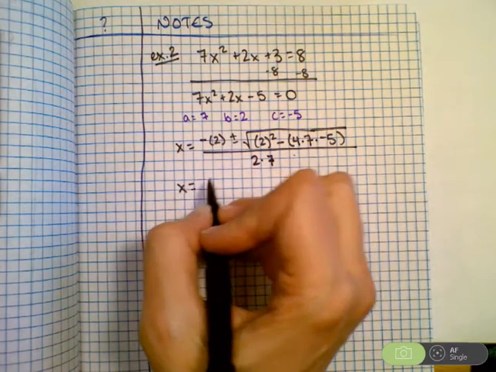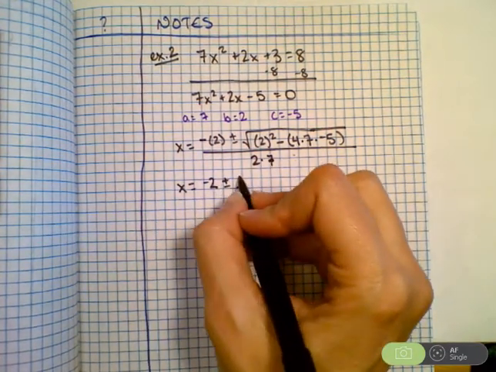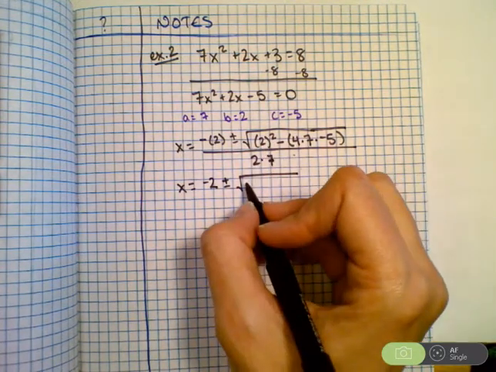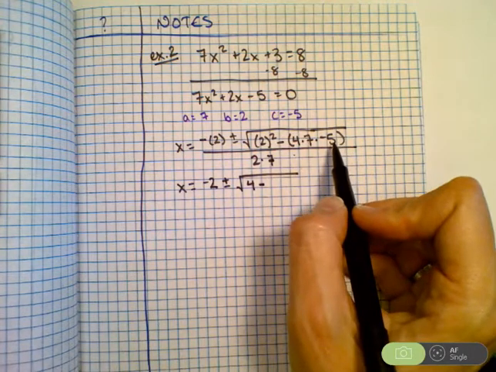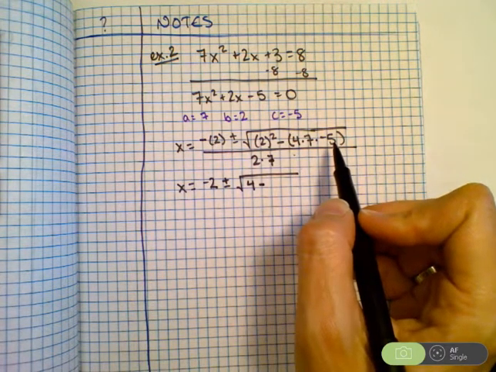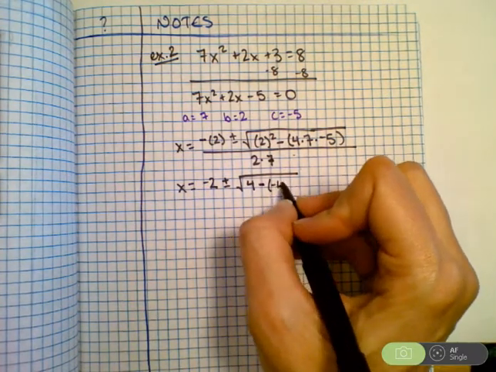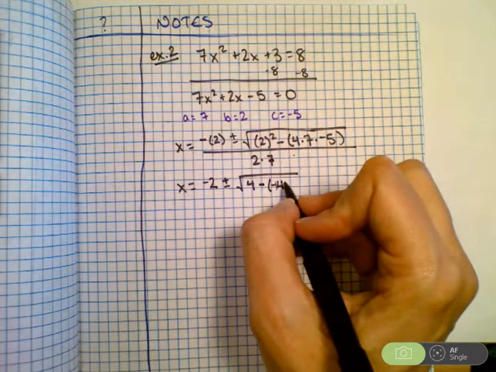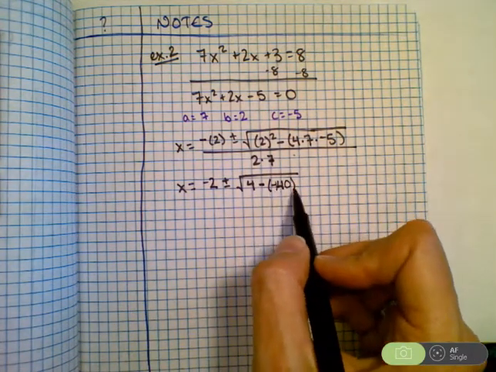So x equals, well, the opposite of 2 is -2 plus or minus the square root. 2 squared is 4. What is that? 4 times -5 is -20 times 7. I just did that because I thought maybe I could do it in my head. Whoops. 140. So that's 4 minus -140.